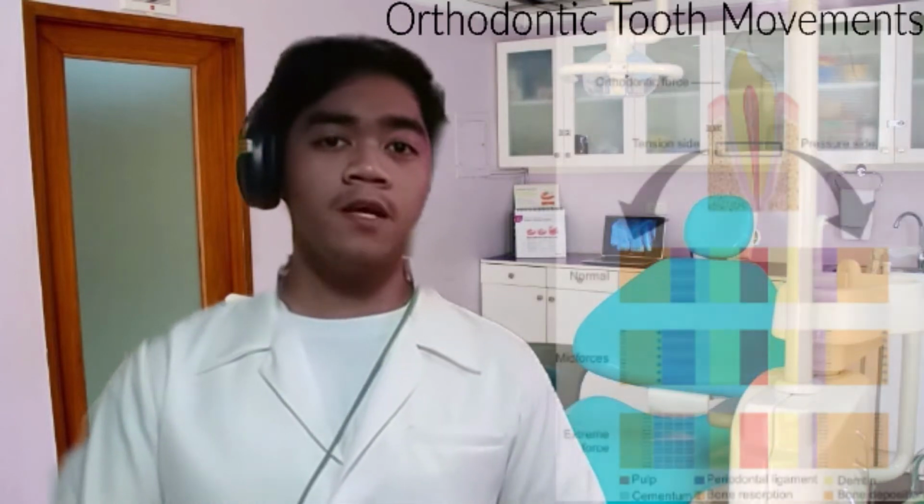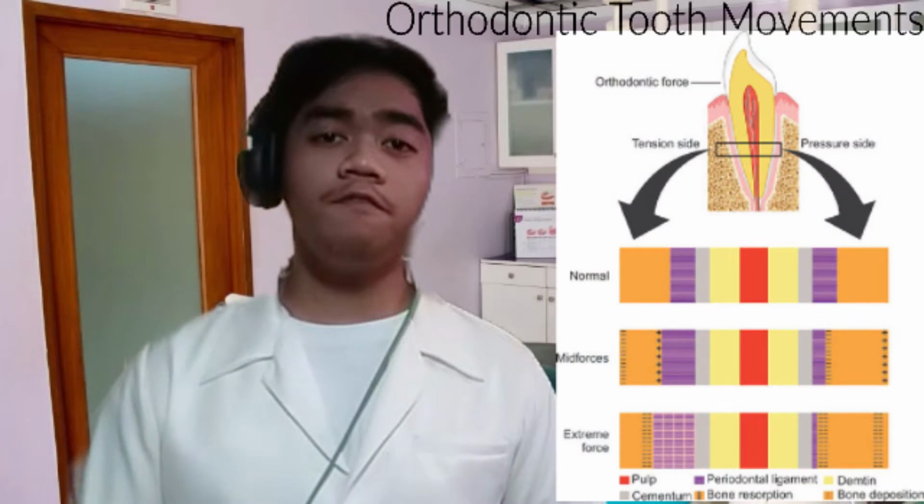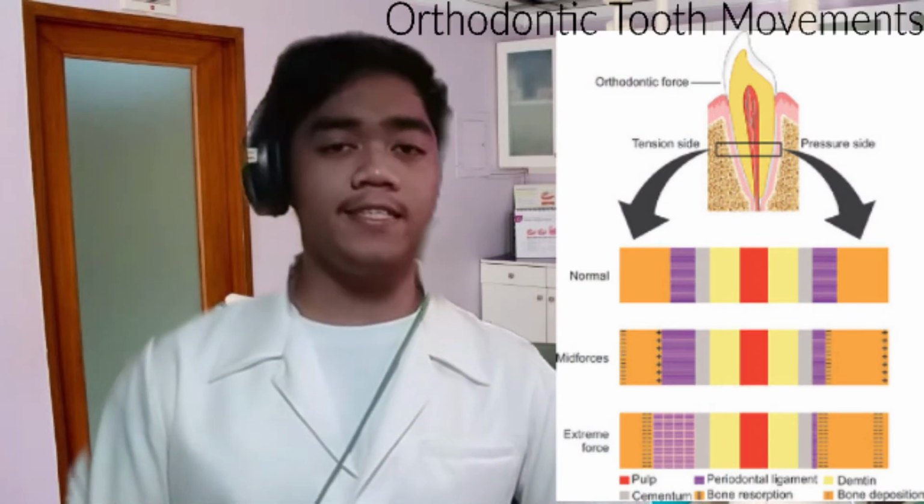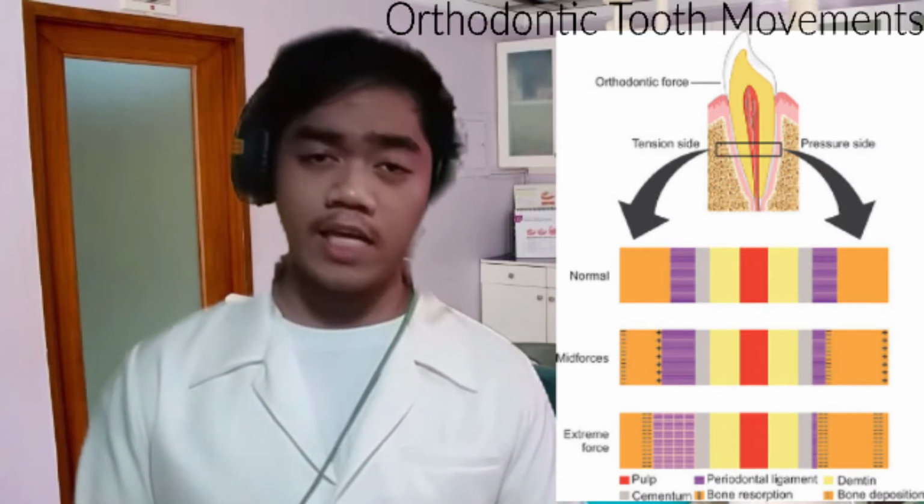The next clinical manifestation we have is orthodontic tooth movement. Tooth eruption and orthodontic tooth movement are analogous, except for the fact that orthodontic tooth movements are brought about by biomechanical forces. The periodontal ligament and the jaw bone that support the teeth have this characteristic called plasticity. Now, what does having plasticity imply?